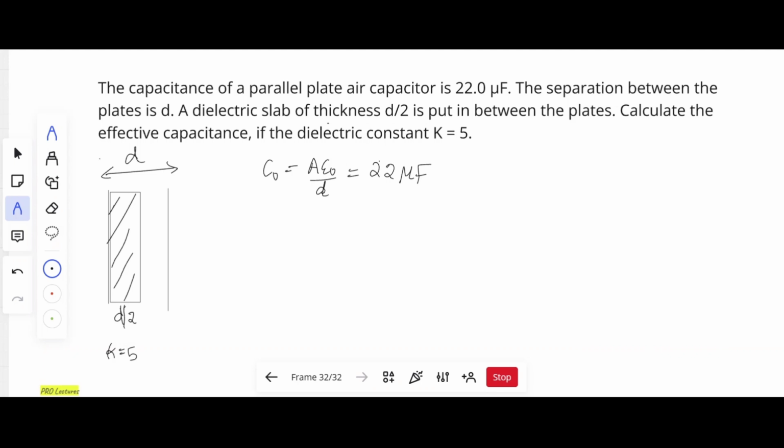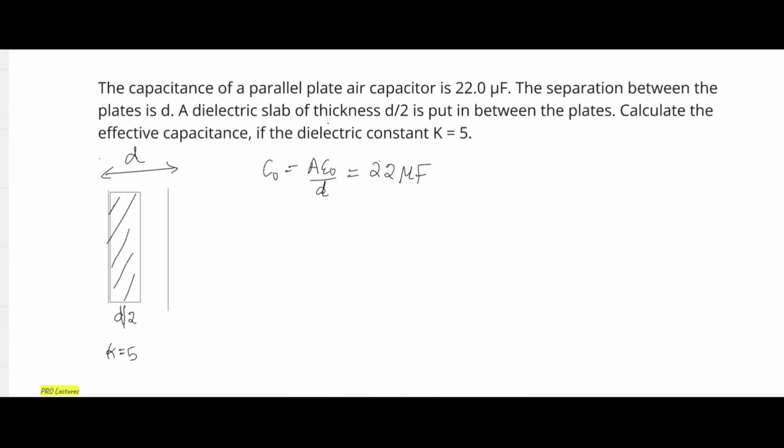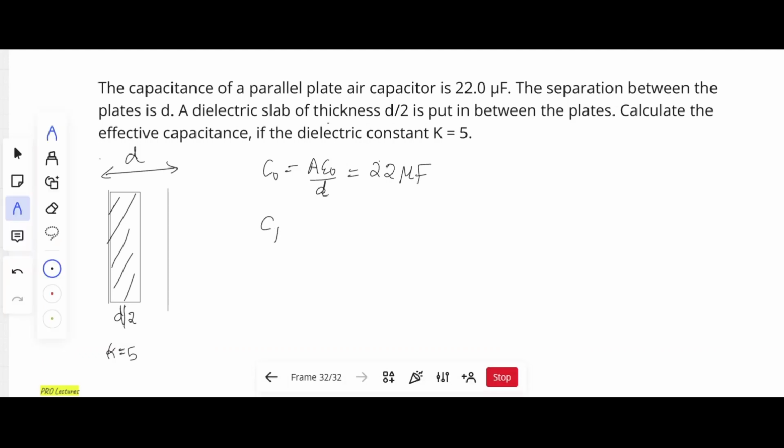microfarad. The new system can be considered as a combination of two capacitors, one with the dielectric slab and one without it. So let C1 be due to the dielectric slab. That can be written as K times A epsilon naught by d by 2.